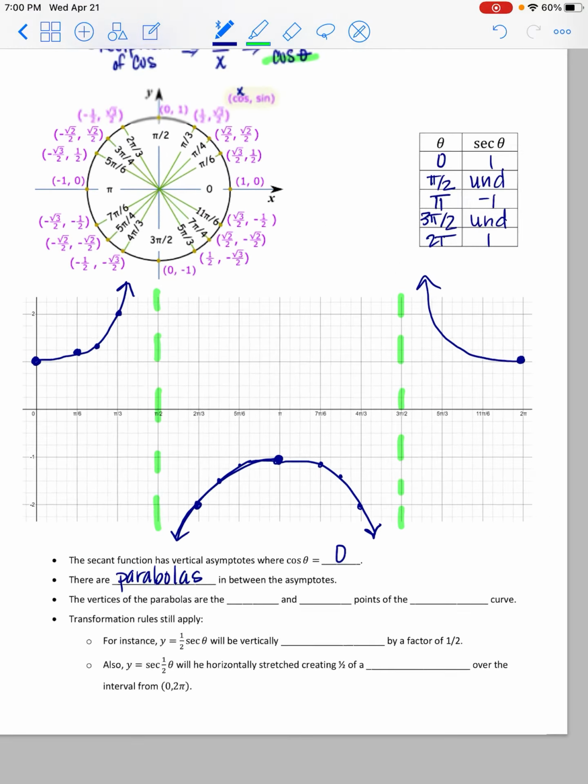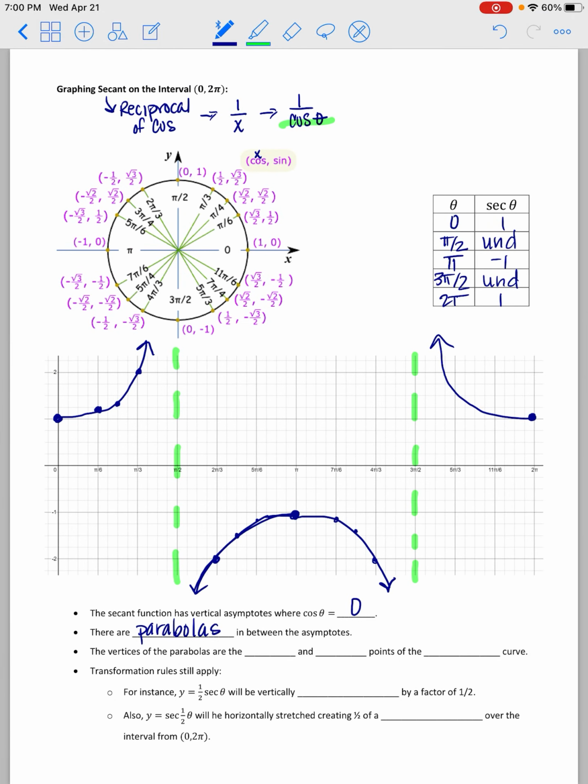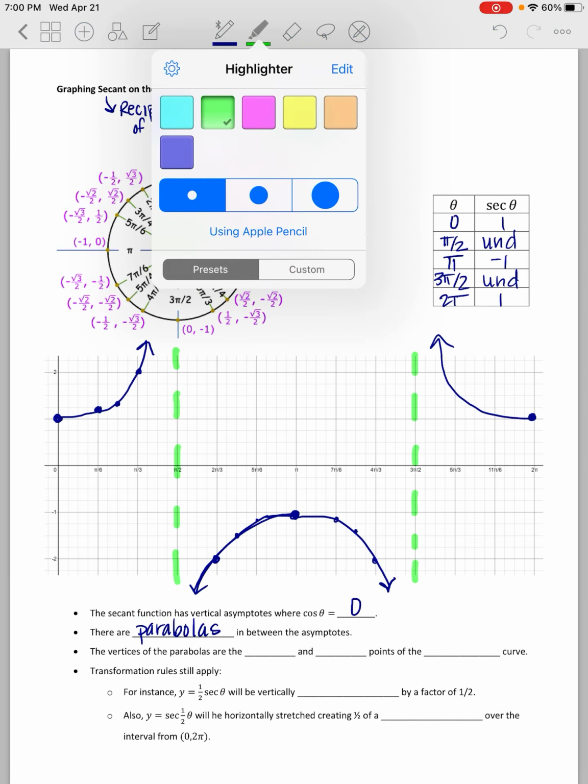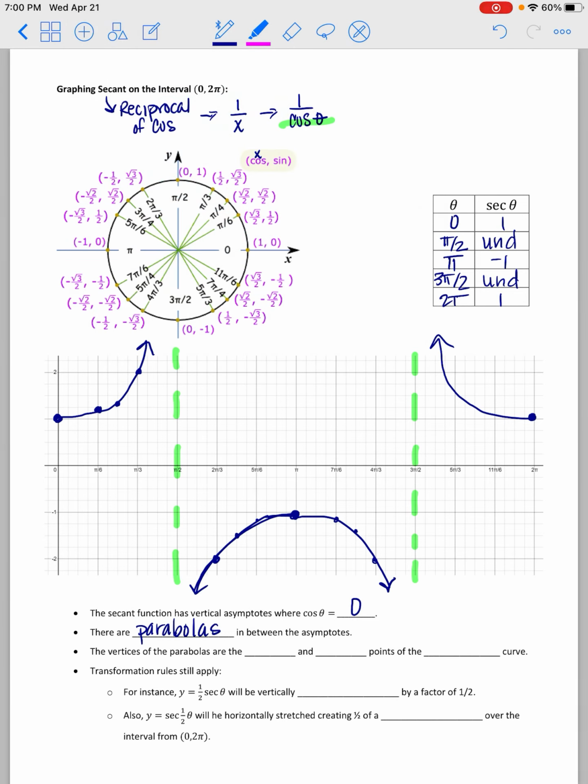And the nice feature, something that helps me remember where the parabolas are supposed to go, is something I alluded to a little bit in the beginning here. My cosine curve matches up with the vertices of these parabolas perfectly. So cosine starts at the max, ends at the max, and in the middle it hits the min. In between that is when it hits 0.